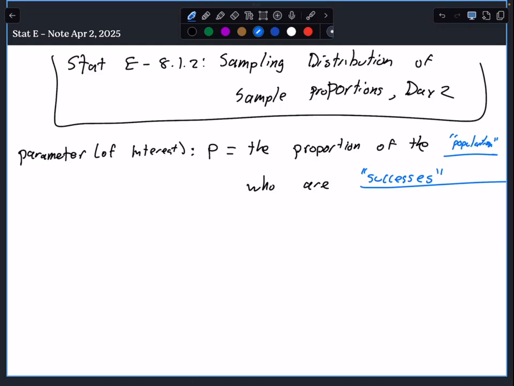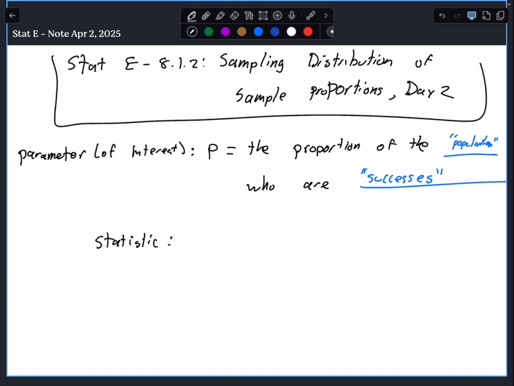In the example we were doing in the do now, our population was high school seniors. And the successes would be the proportion of high school seniors who want to stay an extra year, because success means that they say yes, that they want to stay an extra year. My statistic that I'm going to use to estimate the parameter is p hat.